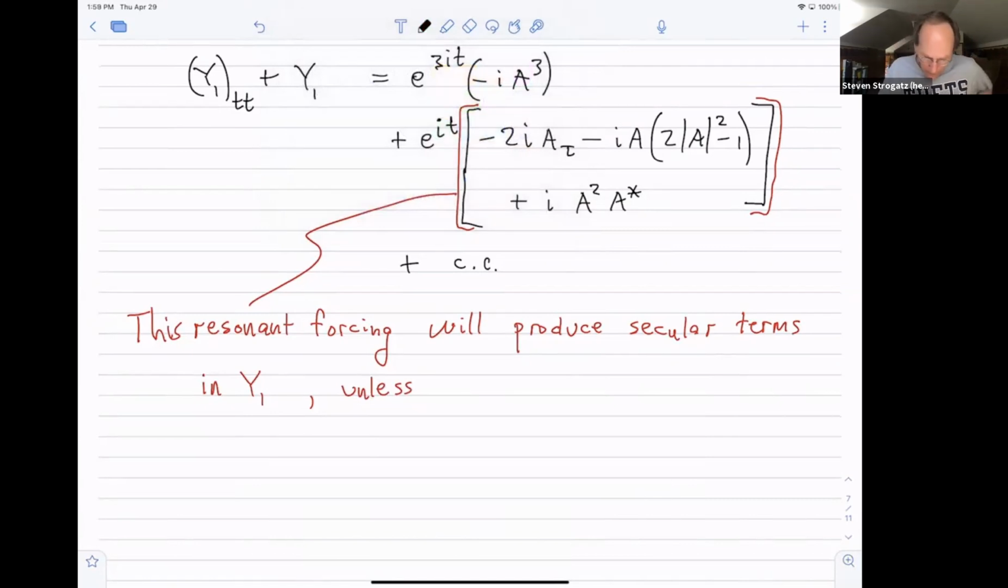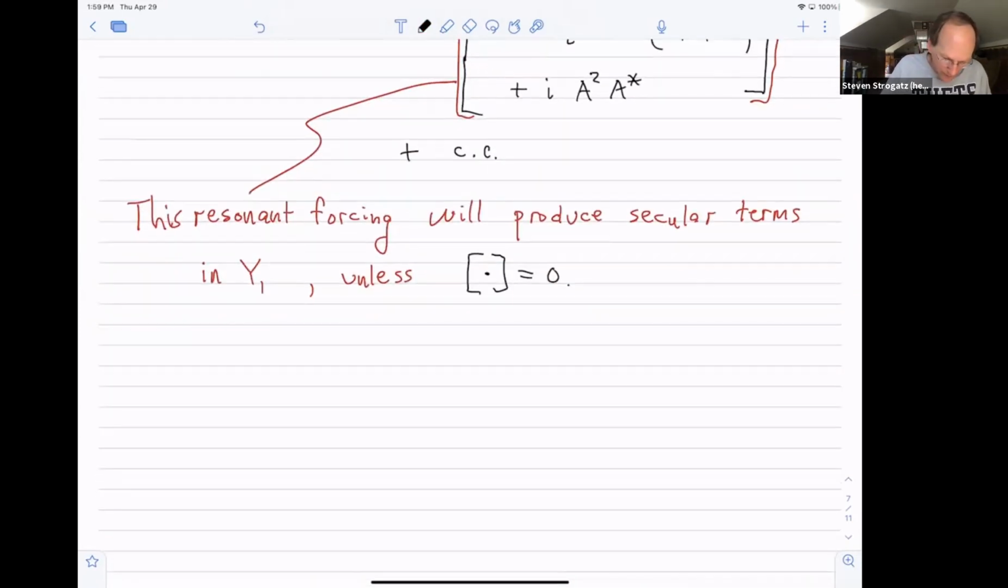Unless that big bracket equals 0. And so that's how we avoid the secular terms.